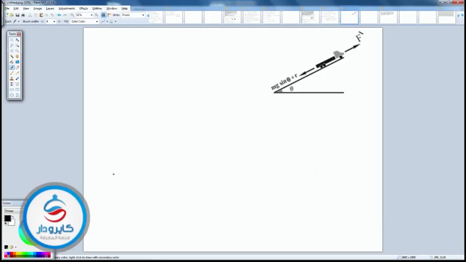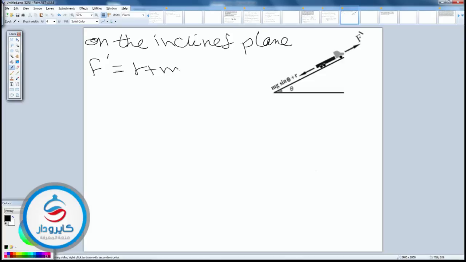On the inclined plane, from the figure, F dash equals R plus mg sin theta.